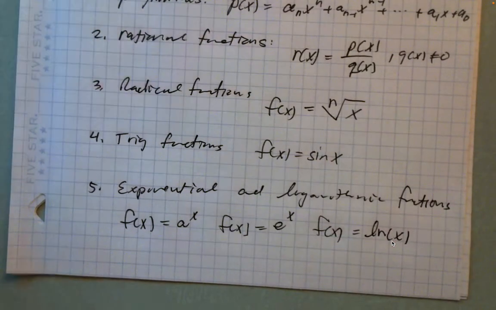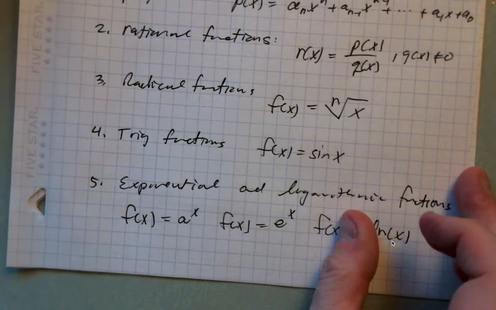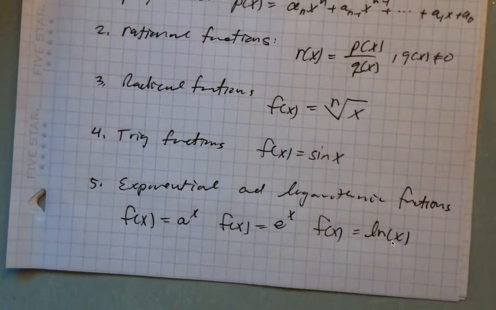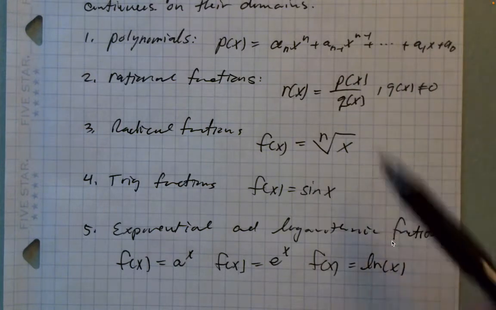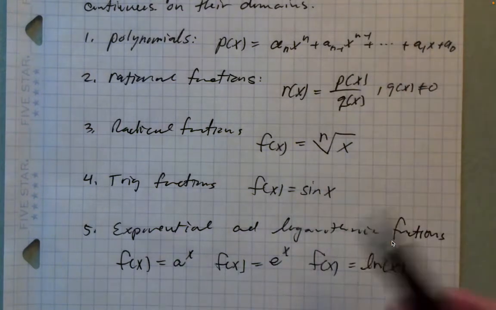Those are the exponential and logarithmic functions, and those are all everywhere continuous on their domains. Okay. Good. That helps us build up a stockpile of knowledge regarding which functions we have to worry about, which ones we don't have to worry about. These are the ones we don't have to worry about.